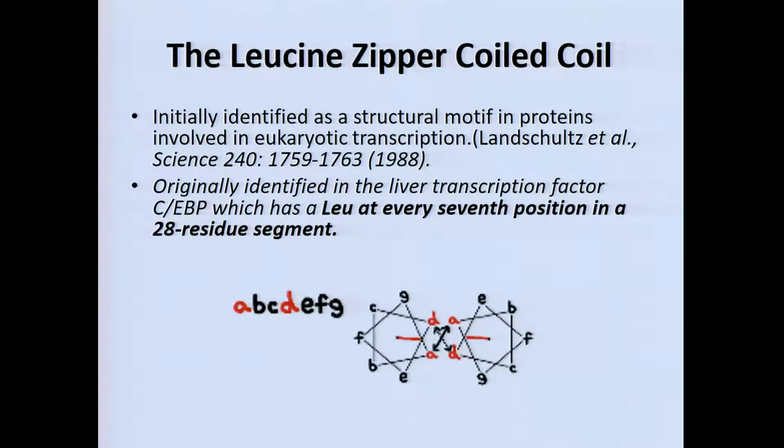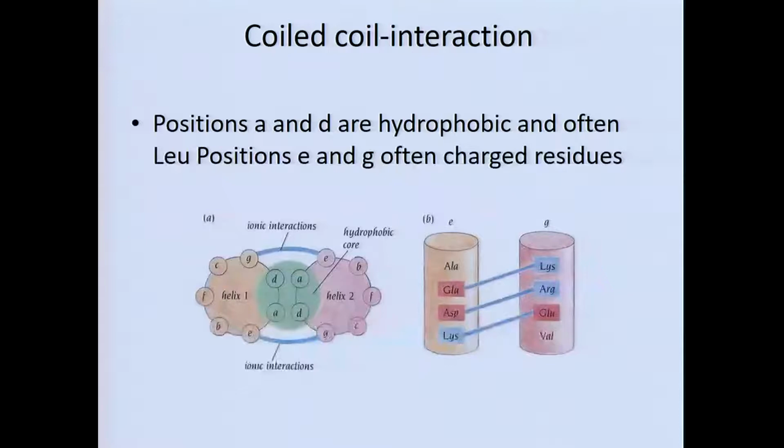But these are the main interaction forces which actually keep these coils together. And since there is a repeat of leucine at every 7th residue, that's why it is also called leucine zipper.